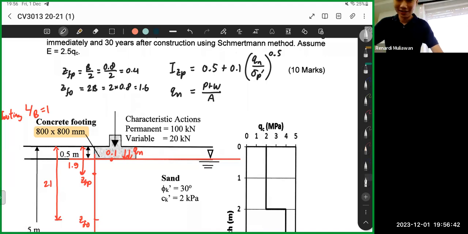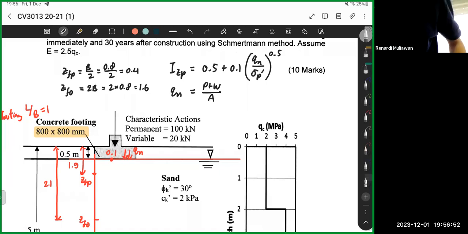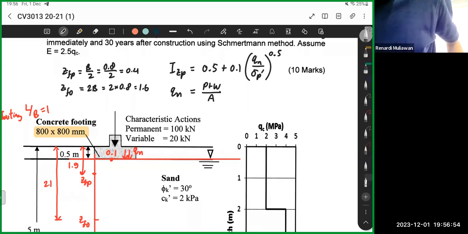Give me a second to look at the book first. Let me see, Qn.